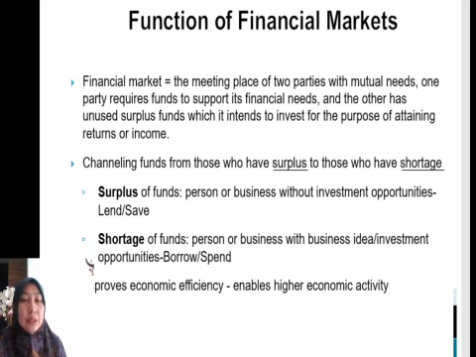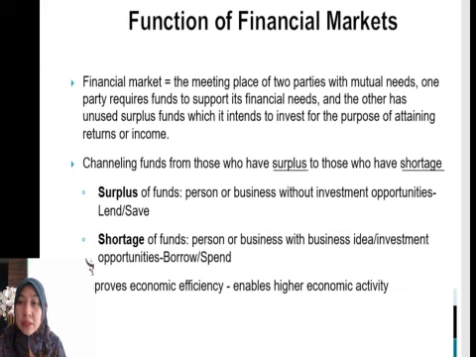So the financial market's role is to use the surplus of funds to give it to the parties with a shortage of funds. So it improves economic efficiency, which enables higher economic activity. Okay, so let's move.